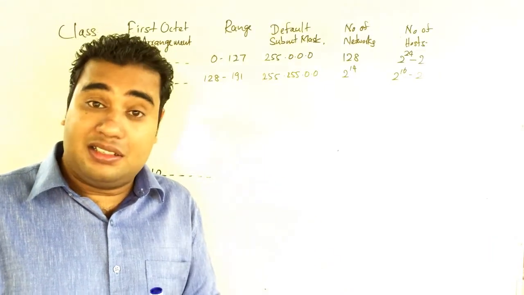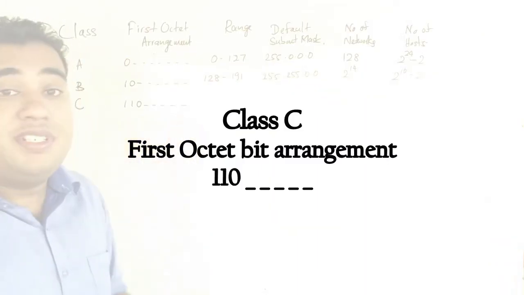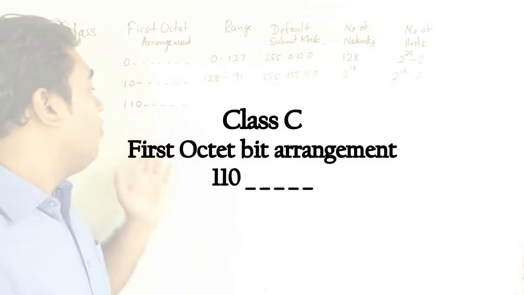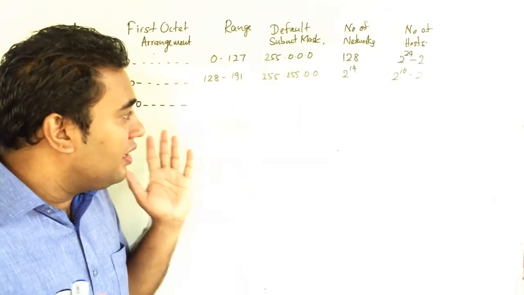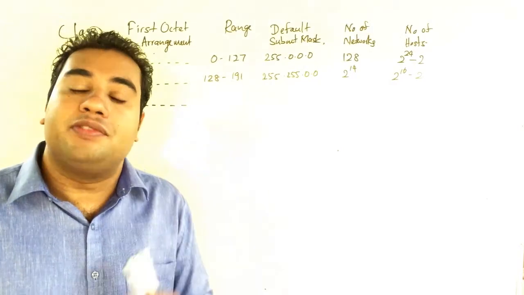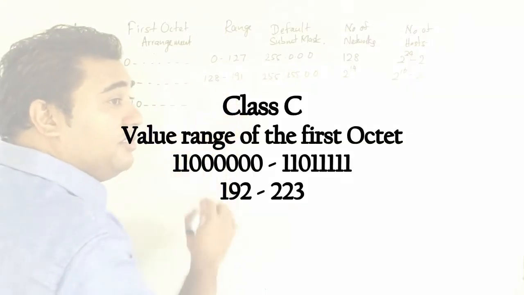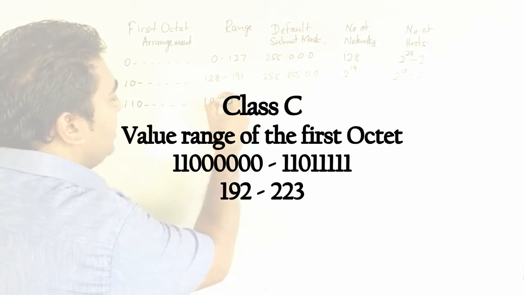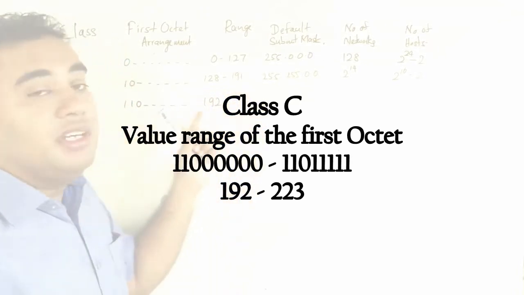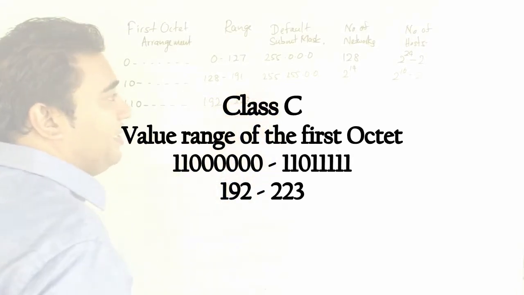Now let's consider class C. For class C, the first octet bit arrangement is something like this. The first 3 bits will be constant, 1 1 0. Then after that you can have anything. So the value range of the first octet will be, with 5 zeros, 192, up to, when you have 5 ones here, 223.